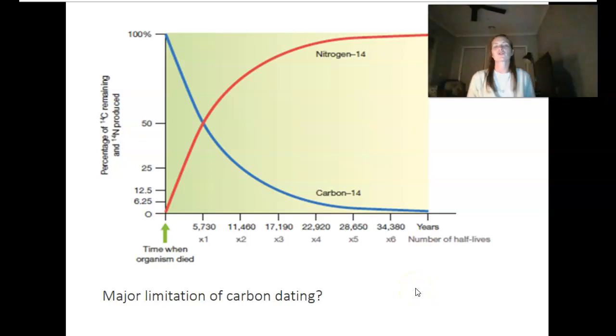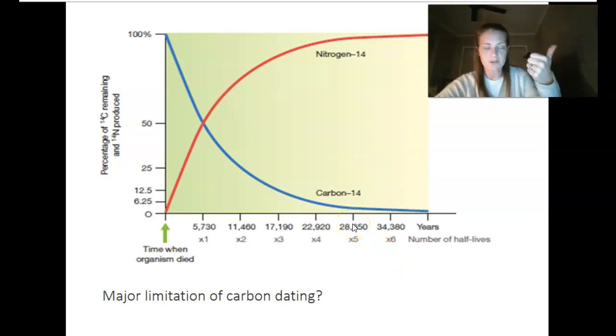All right, a couple of tricks to carbon dating. It's very useful because organisms are carbon-based creatures. So you can test the actual fossil itself, test it for how much carbon is remaining in that organism.